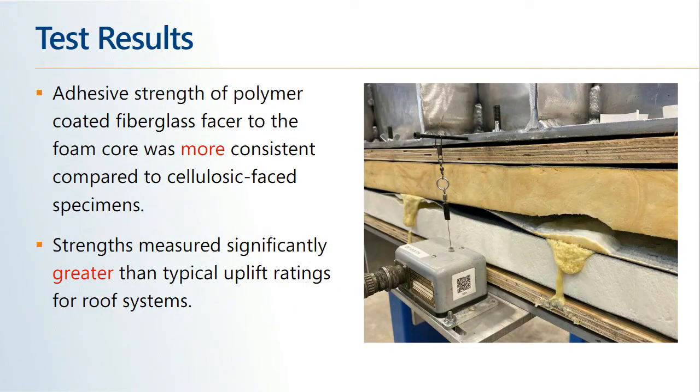So the adhesive strength of the polymer-coated fiberglass facers to the foam core was much more consistent compared to the cellulosic face specimens tested. And the strengths that we measured were significantly greater than typical uplift ratings for roofing systems. But again, there are no safety factors applied to those loads that were measured.